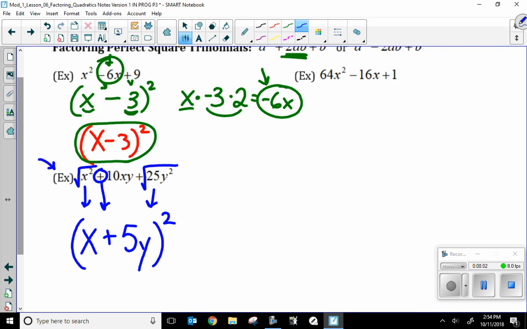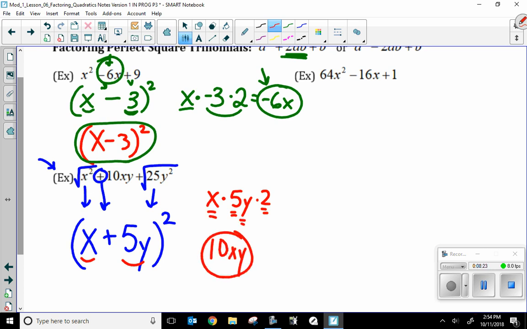I need to make sure that works, so I take my x, I multiply it times my 5y, and I double it. I multiply it times 2. 5 times 2 is 10xy. Is that the middle term? It sure is. Works like a charm every time.